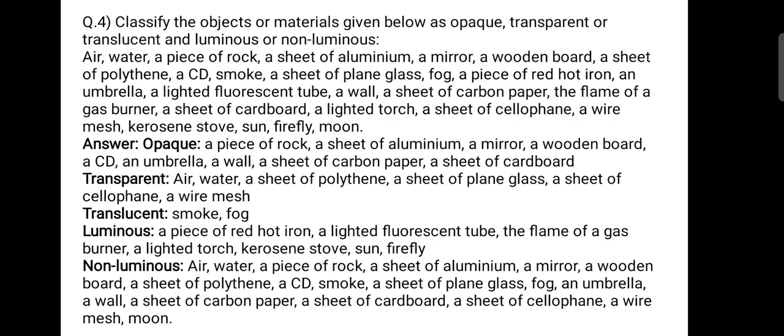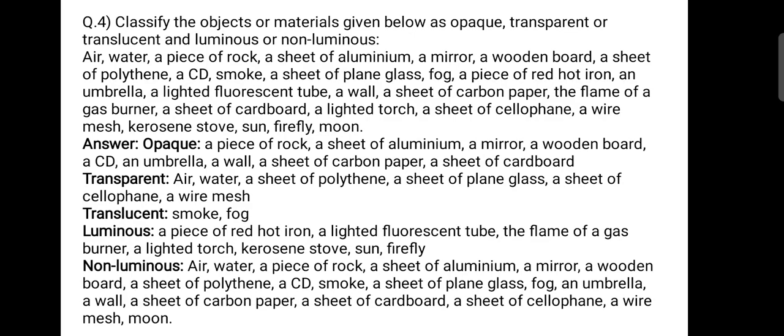So now children, here you have to classify the objects or the materials given below as opaque object, transparent object or translucent, and also luminous and non-luminous object. So now children, you have to form the categories like this: opaque object, transparent object, translucent object, luminous and non-luminous.